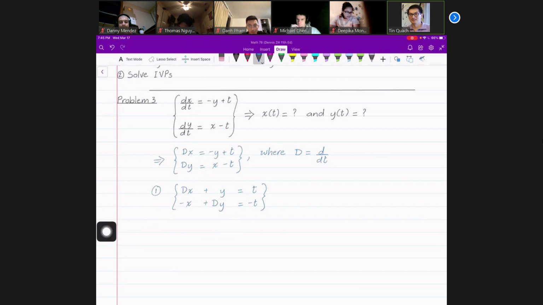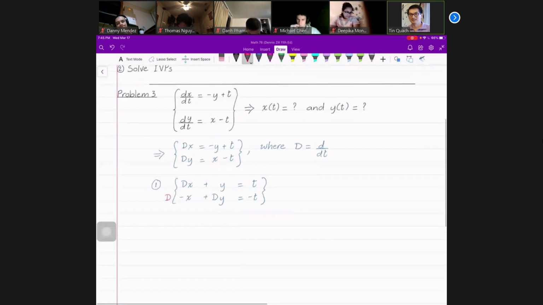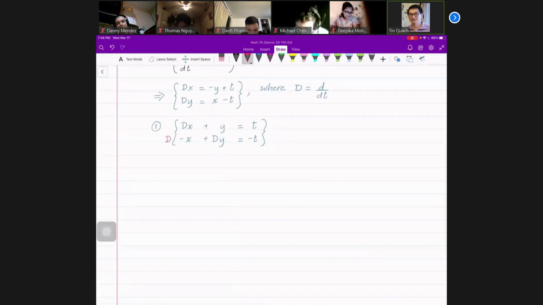So let's say you want to eliminate x. Then you operate on both sides of this equation with the D operator, okay? Because when you do that, what do you get? Then you get Dx plus y equals t up here, but down here you have negative Dx plus, and then you operate D on Dy, that's going to be the second derivative of y.